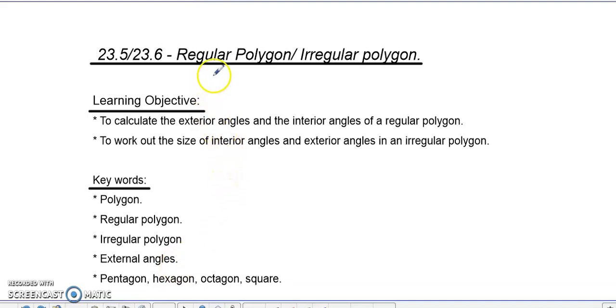Okay, in our last lesson, we discussed regular and irregular polygons.